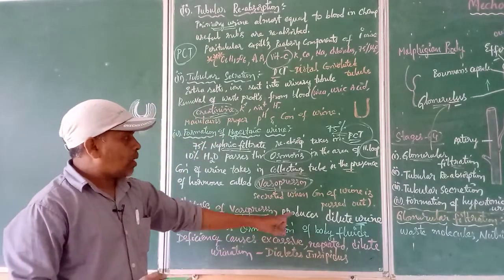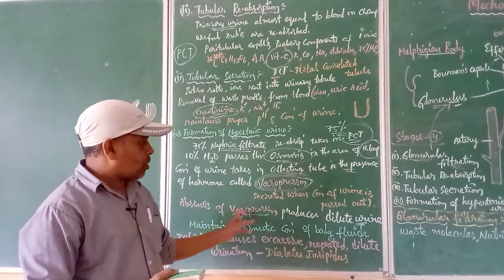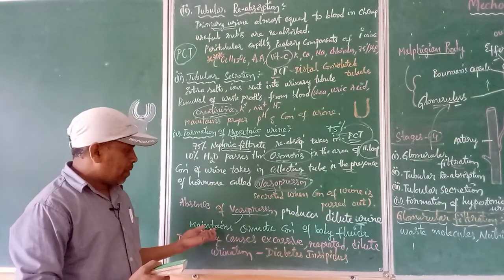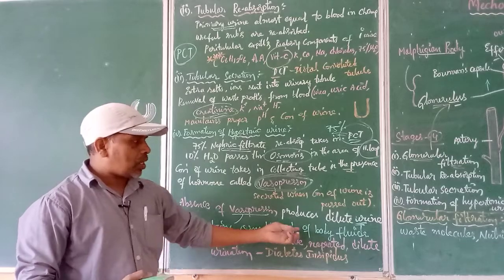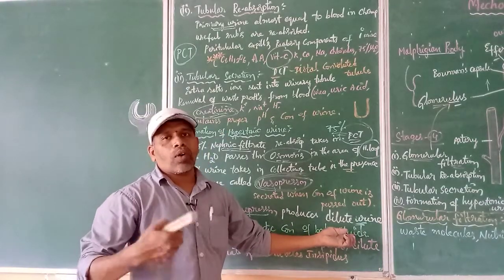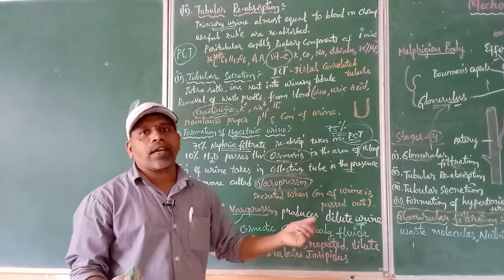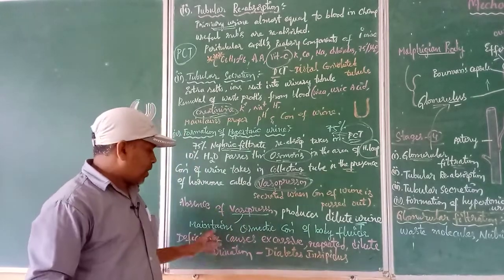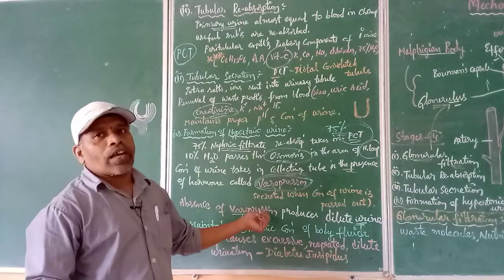Vasopressin maintains the osmotic concentration of the body fluids. Whatever the different types of body fluids, the liquids which are moving in the body, that concentration is maintained by this hormone called vasopressin.